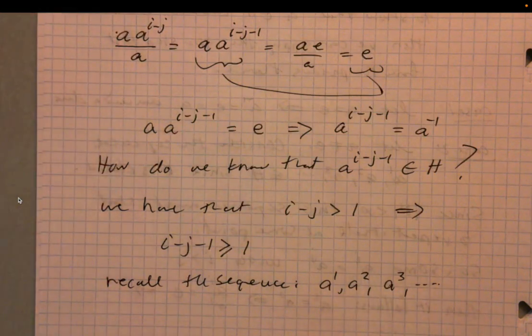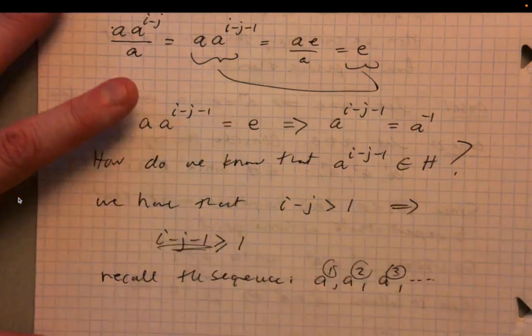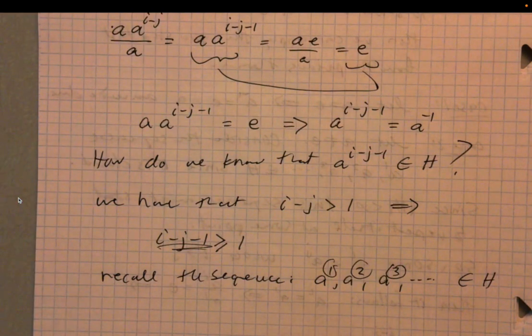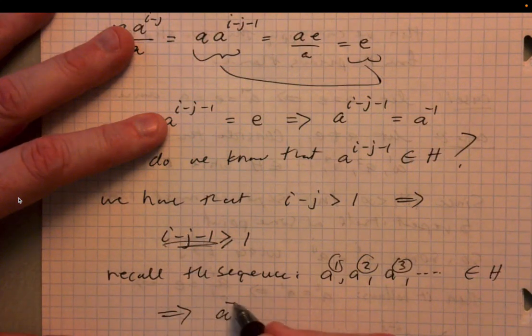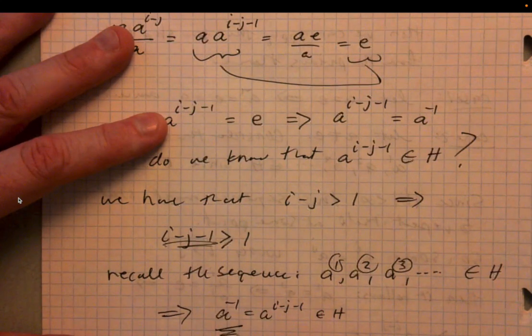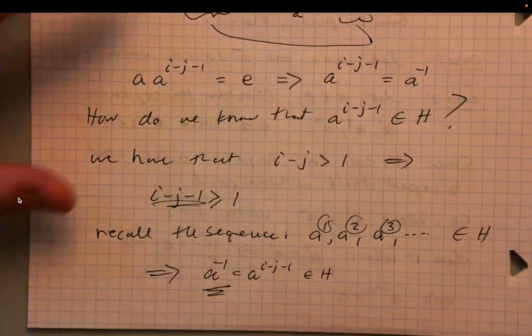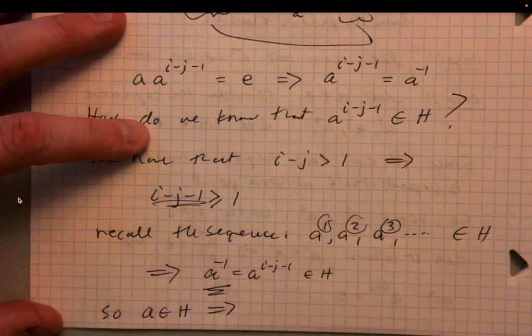A to some positive integer. Well, i minus j minus 1 is one of these integers. This was all assumed to be in H, based on closure. And so that means that the inverse is in H. What we've shown here is that the inverse is in H whenever a is in H.